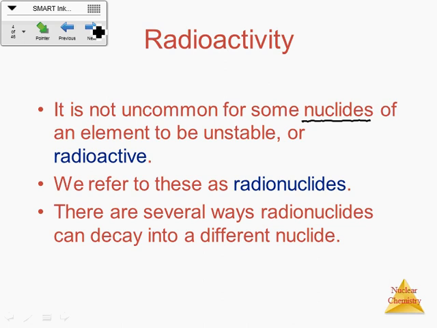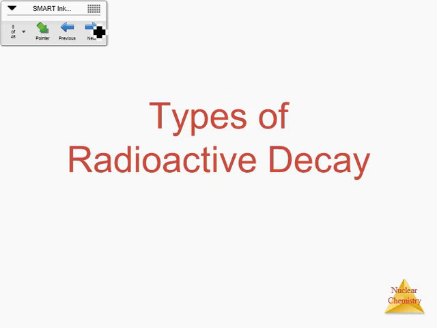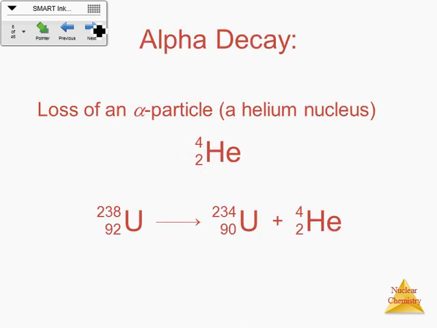And there are several ways that these things can give off radiation. We talked about all of these last year, so again, I think it's going to come back to you. But the different types here, we've got an alpha particle, or alpha decay, and that happens when an element loses an alpha particle.